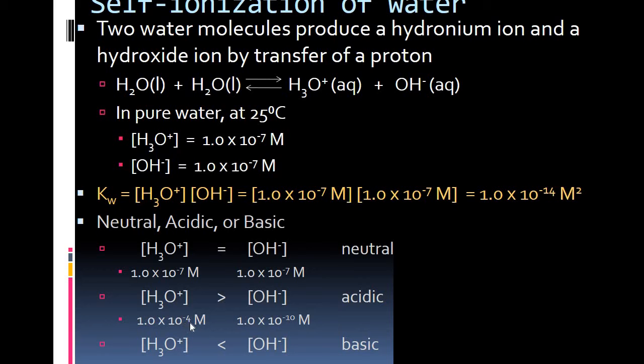Each of these is a factor of 10, so it's a much larger hydronium ion concentration, which would make it acidic. Now, if hydronium is 1 times 10 to the negative 10 molar, that would make it much less than the hydroxide ion concentration of 1.0 times 10 to the negative 4 molar. So in this case, it's going to be basic. Whatever is the highest concentration determines if it's acidic, basic, or neutral.